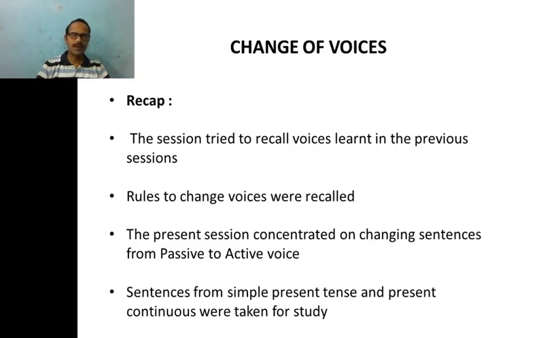Sentences from simple present tense and present continuous tense were taken for study. So in this session, we learned only two types of tenses: simple present tense and present continuous tense. Right? So how to change sentences from these two tenses from passive voice to active voice, we tried to learn these things.